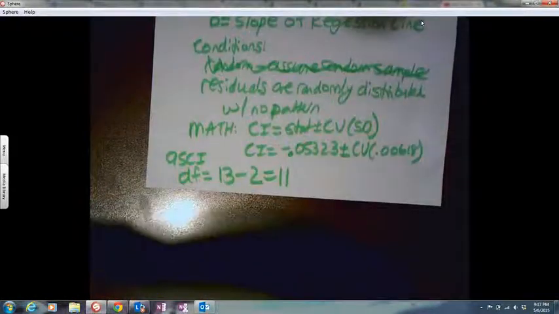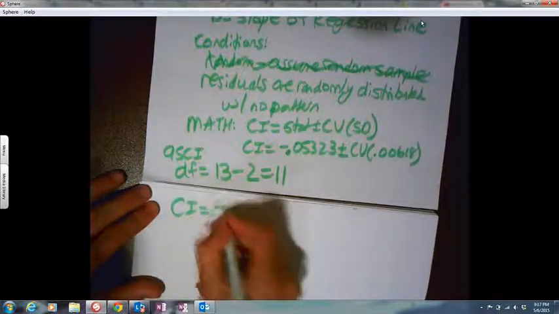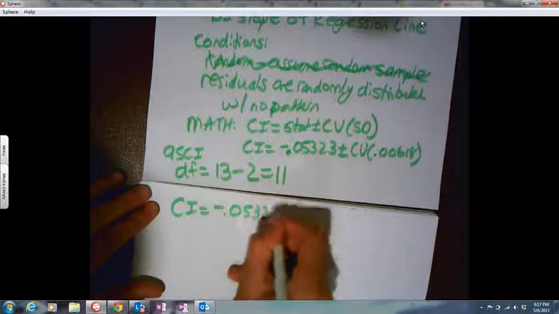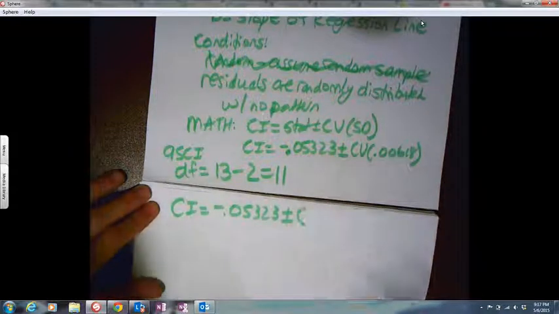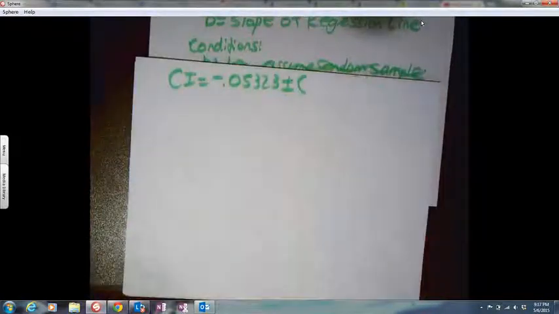So I'm going to go CI equals negative 0.05323 plus or minus. Now we got to get this critical value. So the critical value, degrees of freedom 11, confidence interval 95%. Let me go to my table. I want to go for T. Let me zoom in here. We want degrees of freedom of 11, so I'm right here on this row.